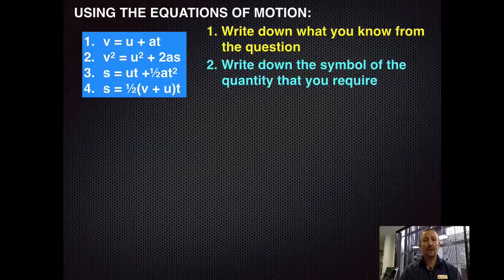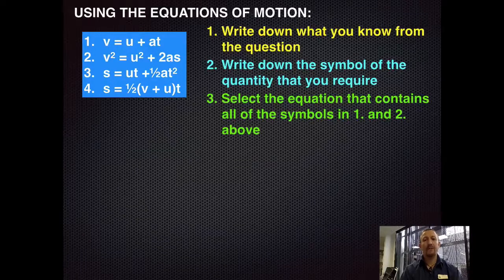So you'll have 3 knowns and 1 unknown. From that, you then select one of the equations from the blue box. Remember that you're going to have 3 knowns, 1 unknown, and you choose the best equation which will best suit your problem. So let's look at an example and see how we can put this together.